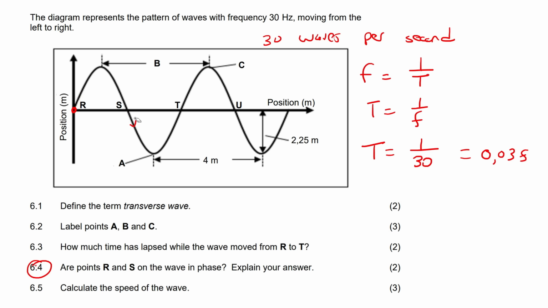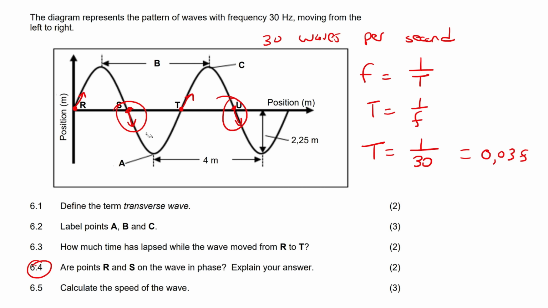But if you look at R and T, R is about to go up, and T is about to go up. U is about to go down. So you can see that R and T are in the same phase, and this one here is about to go down, so these two are also in the same phase.